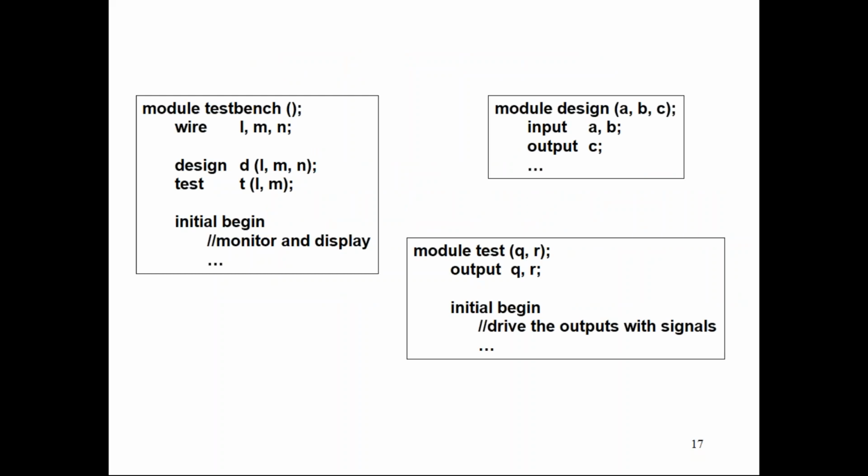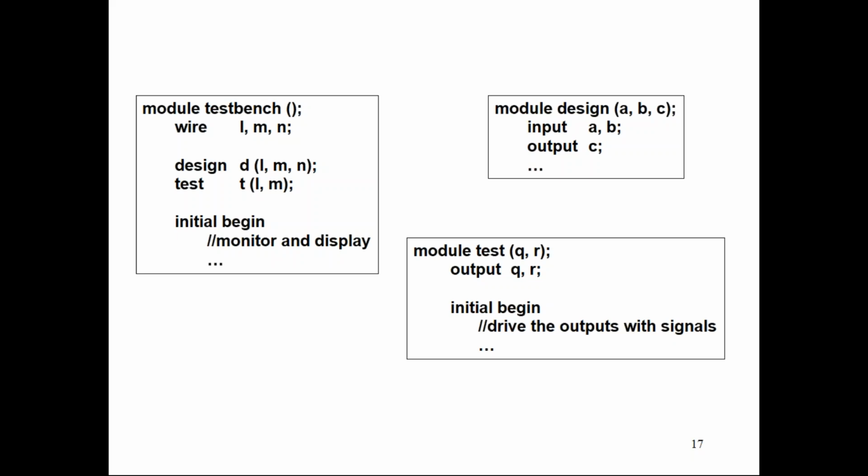So this is an example test bench. Here you have module design A, B, C, with two inputs and one output. In the test bench, we are not having any inputs or outputs. The inputs and outputs are defined as wires and registers.